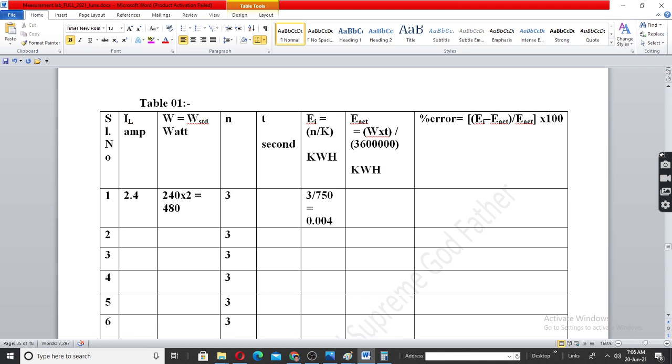Okay, 25 by 75 is 3.33, right? Fine. So 0.004.